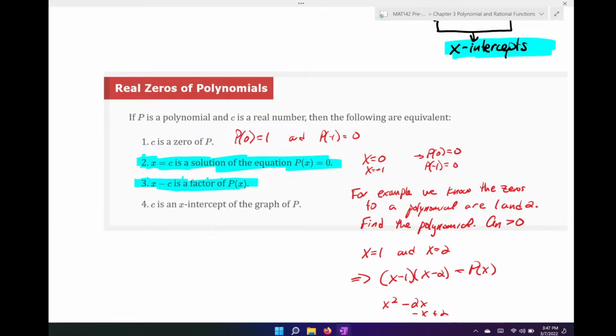And really, I'm talking about numbers 2 and 3. x equals c is a solution to the equation p of x equals 0. So in this case, x equals 1 is a solution to the equation p of 1 equals 0. And if that is the case, then x minus 1 is a factor of p of x. It's just one of them, okay? There could be 4, 5, 6. It all depends on the degree of the polynomial.